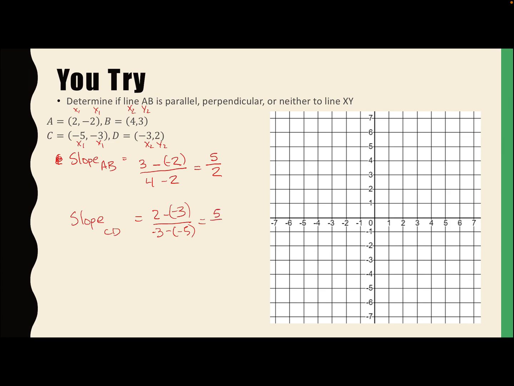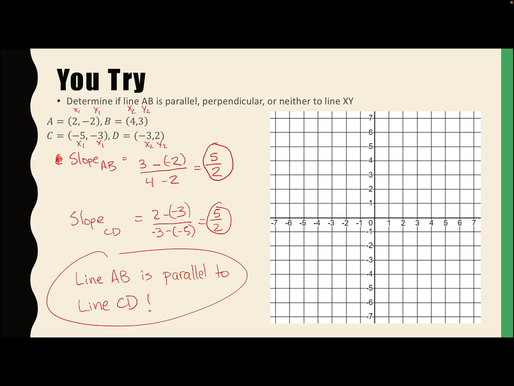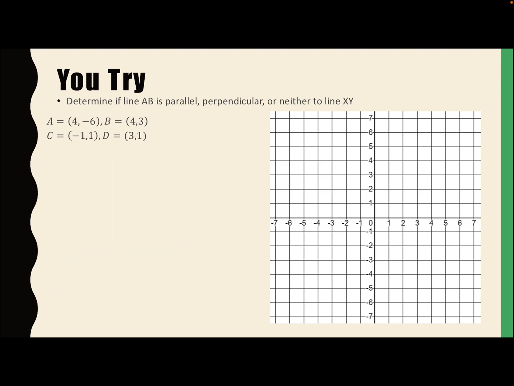And that's going to give us 5 over 2 again. So the slope of both lines is 5 over 2. So we would say line AB is parallel to line CD. And that's our answer.